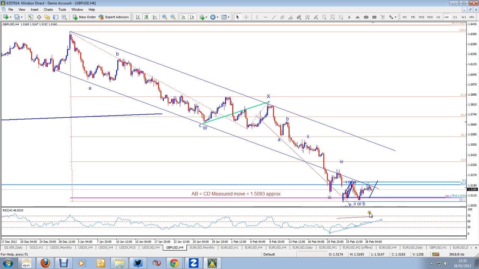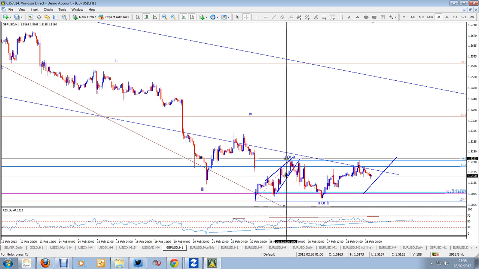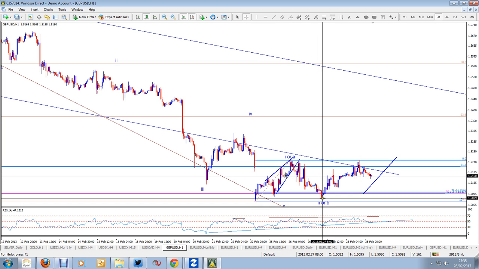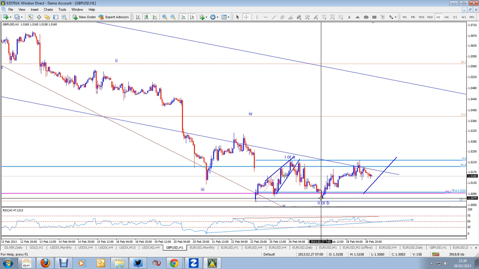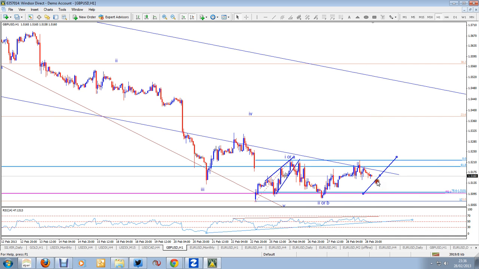Now the pound dollar, I've been saying that everything almost suggests that the gap open down on the weekend was probably the final low, and since then we've got a rising wedge or leading diagonal, which I've labeled as a 1 or an A. So 1, 2, 3, 4 and 5, so 1 or an A. Then we had this wave 2 or a retracement, and at the moment I've labeled it as a 2 or a B, but it's possible that this was wave A, this was B, in which case tomorrow as the dollar tops we might get this final low in the pound dollar, but it won't take out this last low here.